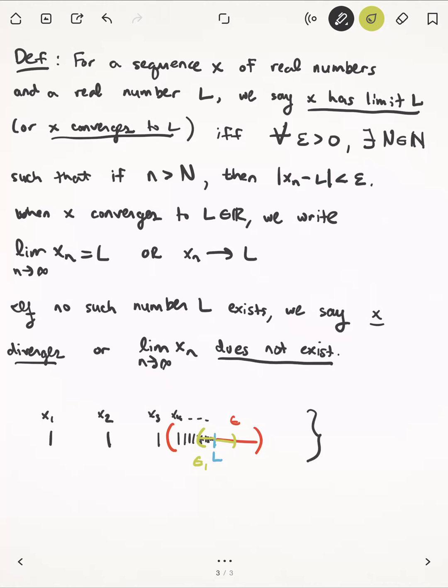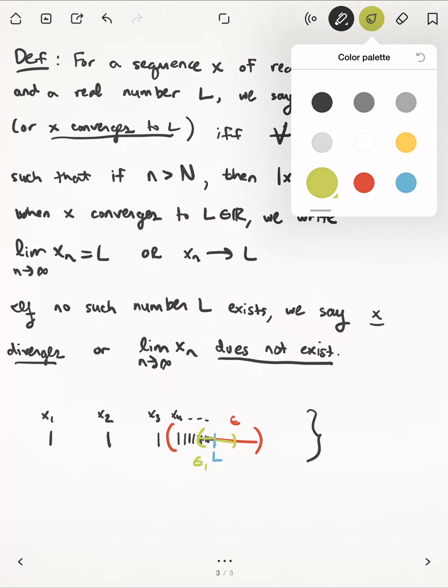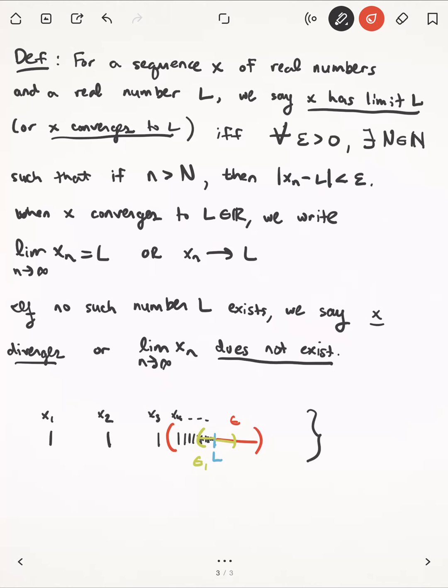And if I can do that for any epsilon that you give me, right? If I can find a natural number such that if I take all the terms that are indexed by bigger natural numbers and they fall within that distance from the limit, then we say that the sequence converges.